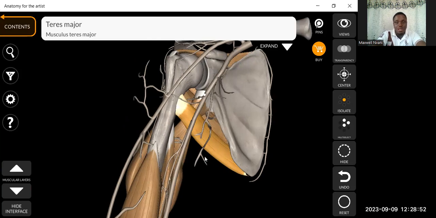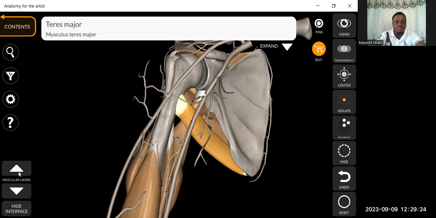That's where the mnemonic 'lady between two majors' comes from. So the teres major goes to the medial lip, the pectoralis major to the lateral lip, while in the floor is the latissimus dorsi, L for lady, in between two majors, your P major and your T major, okay?